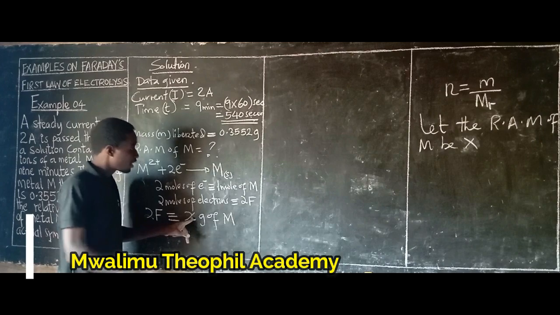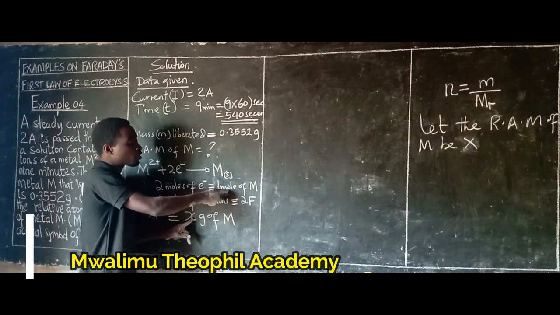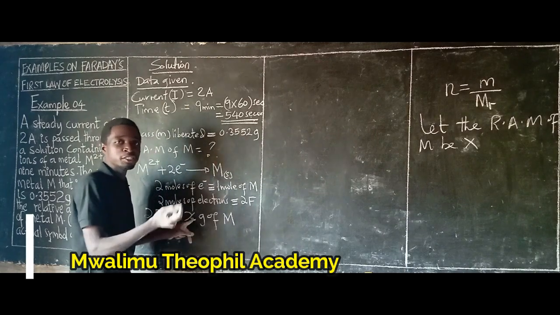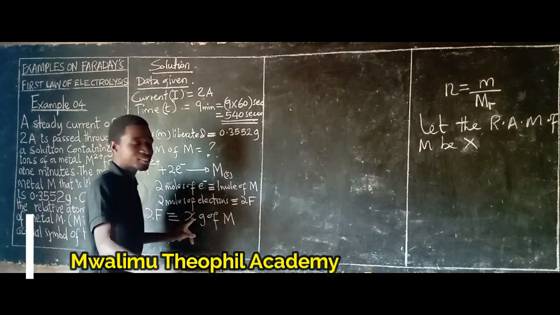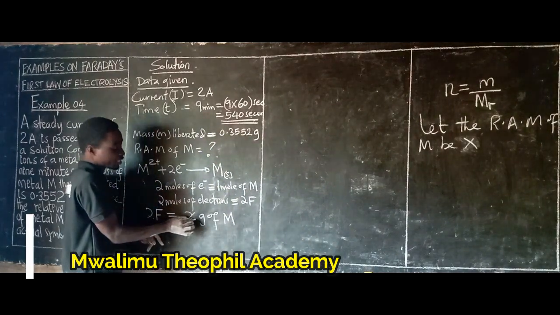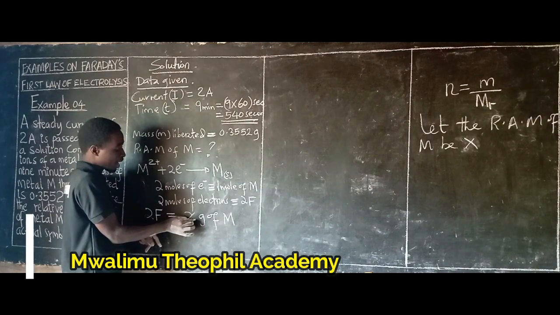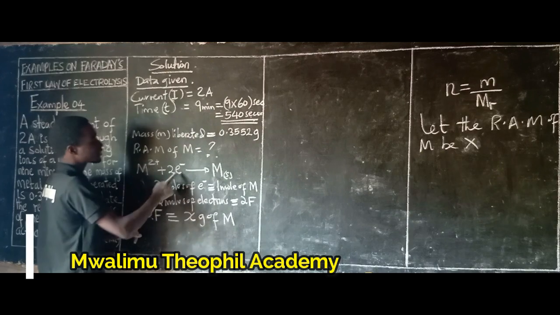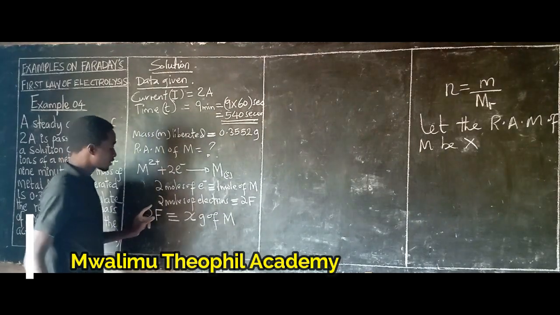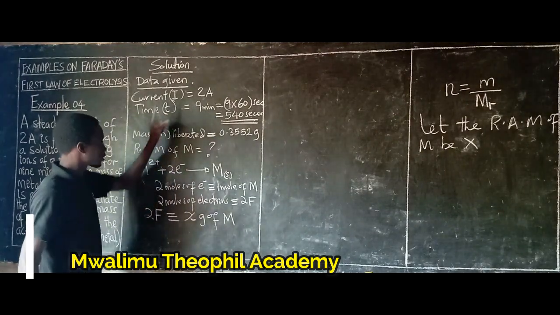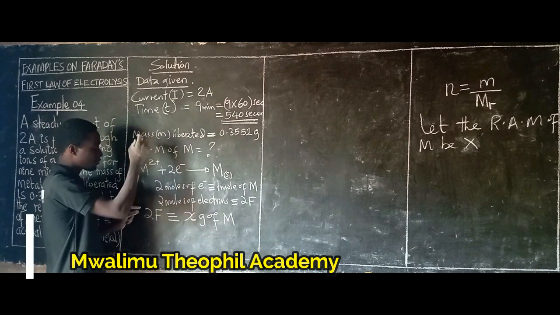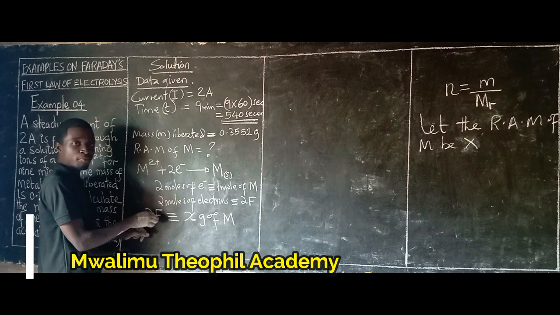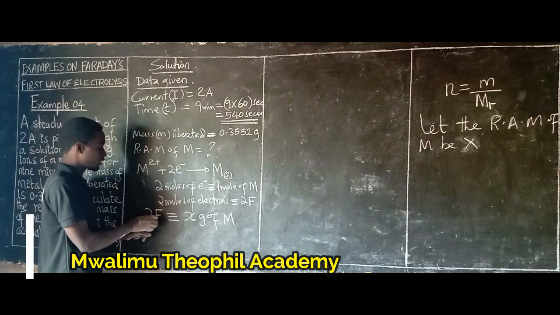where X is the relative atomic mass of metal M. As we have said, for us to get 1 mole of metal M, the mass of metal M is equal to its relative atomic mass. That is why I have put its relative atomic mass here, X. Now, this is according to the standard balanced chemical equation. Before we relate it with the data which we have, let us convert this number of Faradays into Coulombs, into charge.